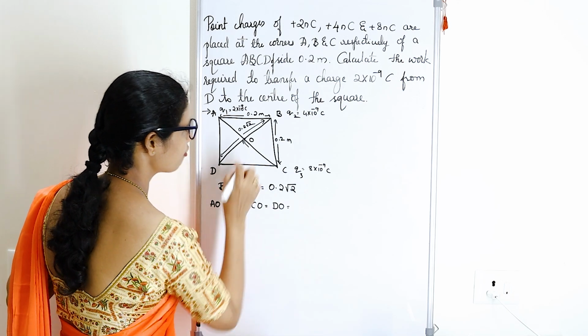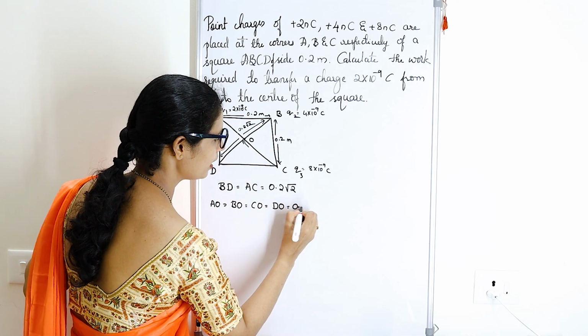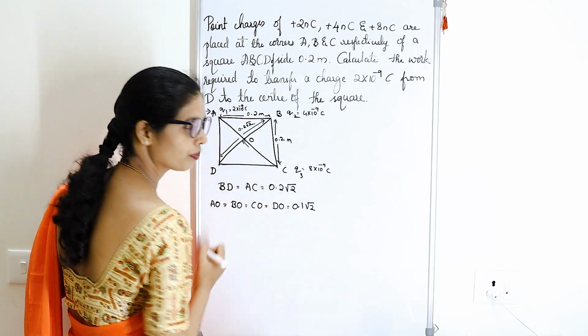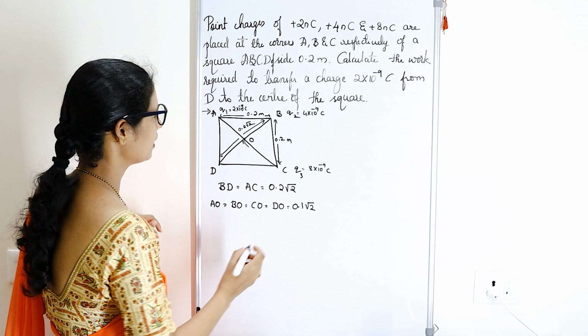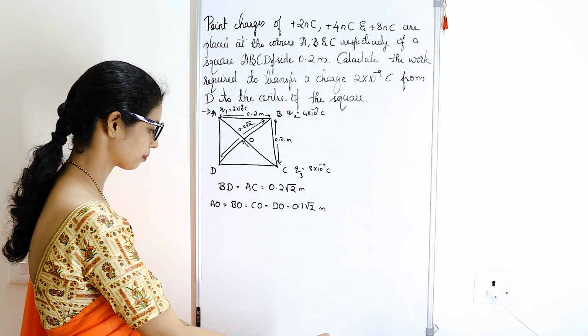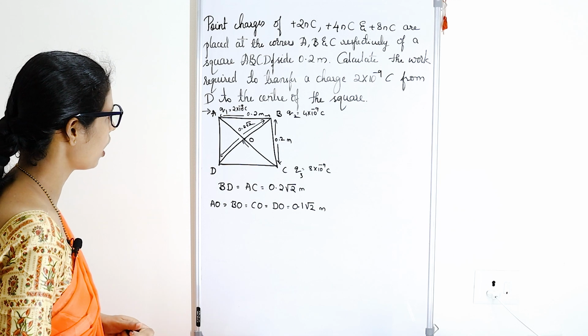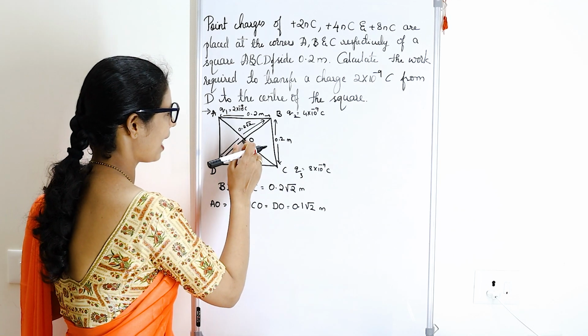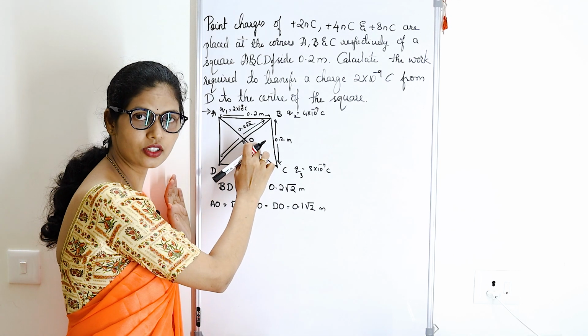This will be half of the diagonal, that is 0.1 root 2. This is the distance, in meter.